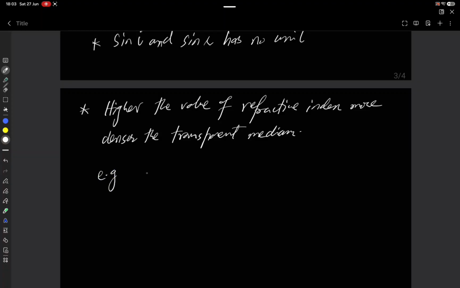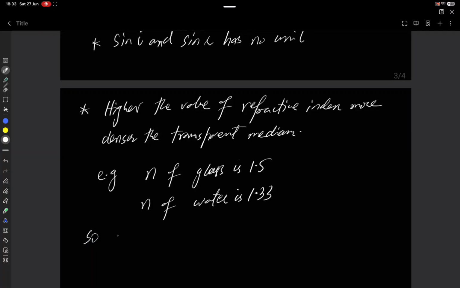Example: n of glass is 1.5, n of water is 1.33. So glass is denser than water.